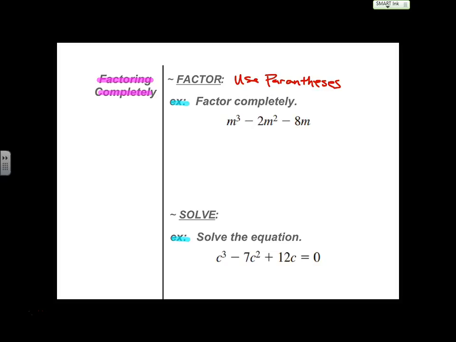Parenthesis would be singular, parentheses is plural. Use parentheses. What do I mean by that? What we are doing, what Diego was saying, we're looking for GCF, looking for differences of squares, looking for factoring trinomials or grouping. Solving, do you guys see what's new in solving?